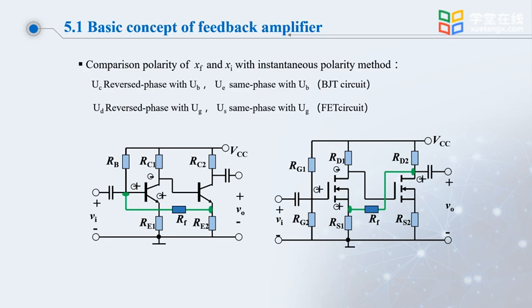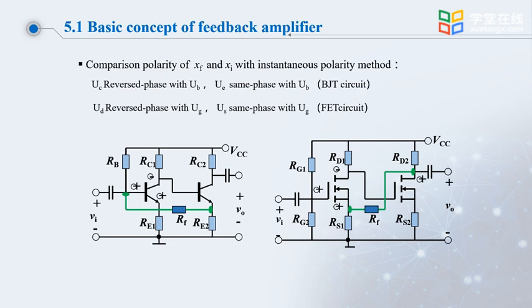We remember this rule: when judging the instantaneous polarity, through the emitter junction the polarity is unchanged. If the base is positive, then the emitter is also positive. From base to collector, the instantaneous polarity is reversed.